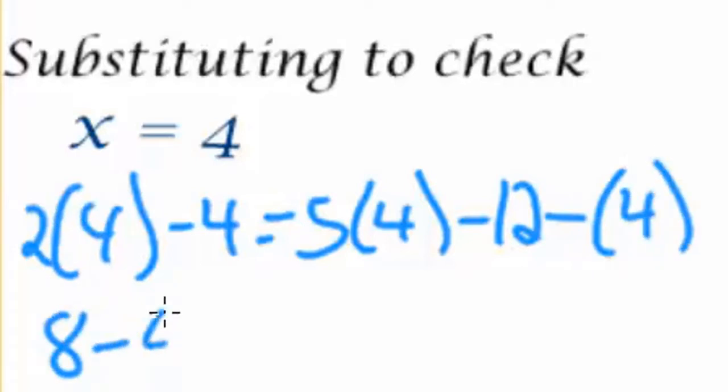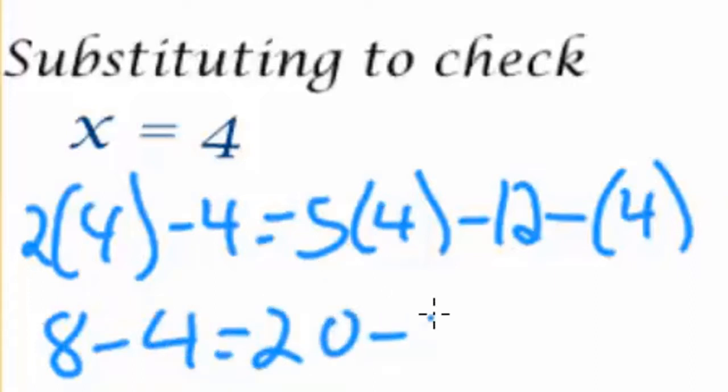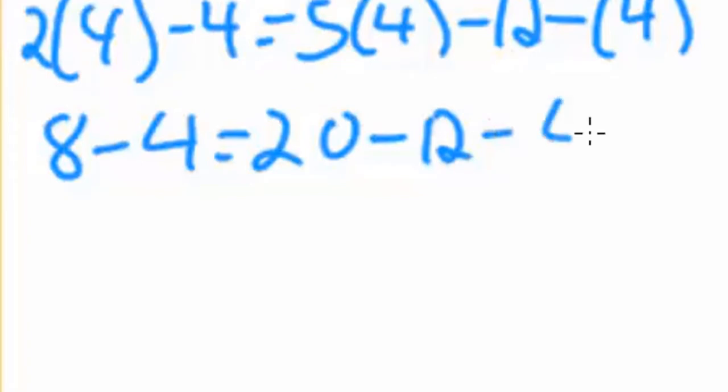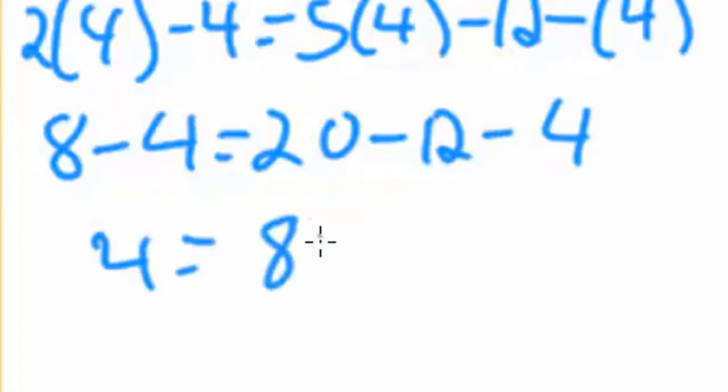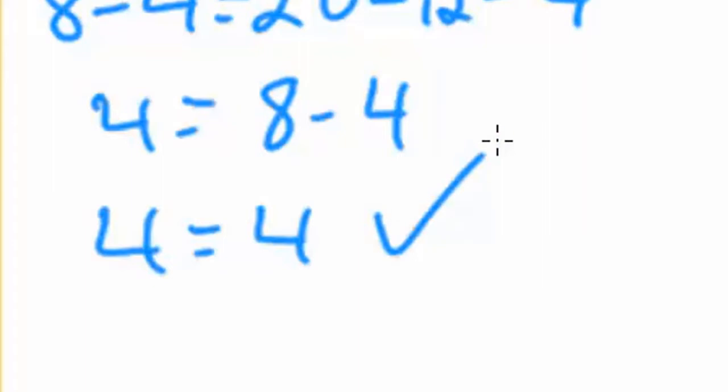So let's evaluate. 2 times 4 is 8 minus 4 equals 5 times 4 is 20 minus 12 minus 4. Well, 8 minus 4 will give us 4 on one side, 20 minus 12 will give us 8 minus 4 on the other, and ultimately 4 equals 4. If this is true, we yield a true solution. 4 was indeed the correct answer.